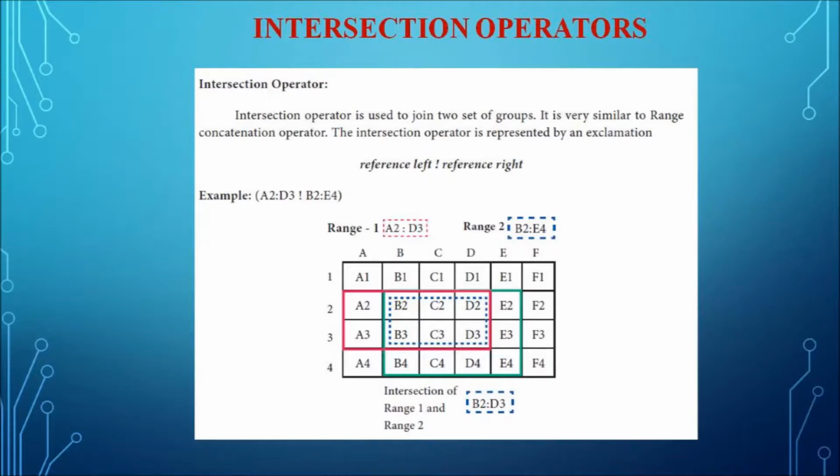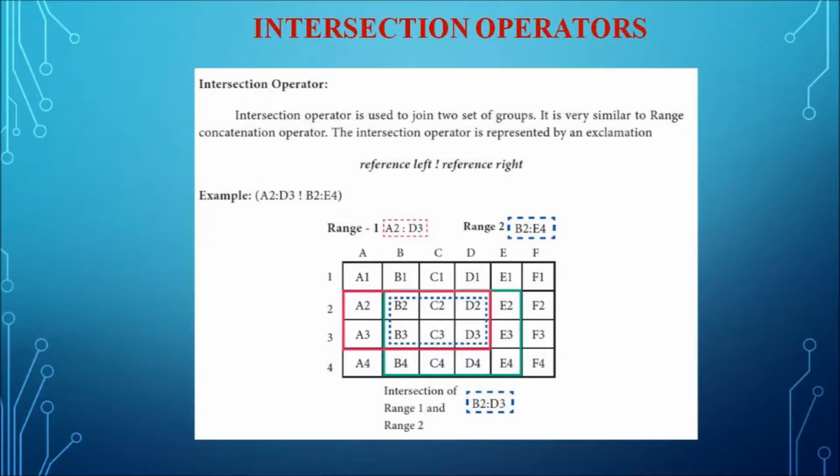You see the example with two different groups. The first, reference left, is A2 colon D3. It includes A2, B2, C2, D2, and A3, B3, C3 and D3. These are 8 elements, 4 in a row, with 2 rows selected. That is the first group.